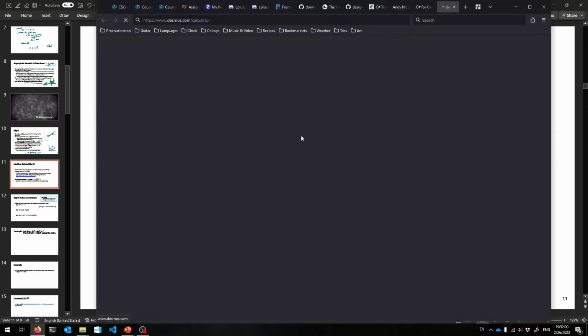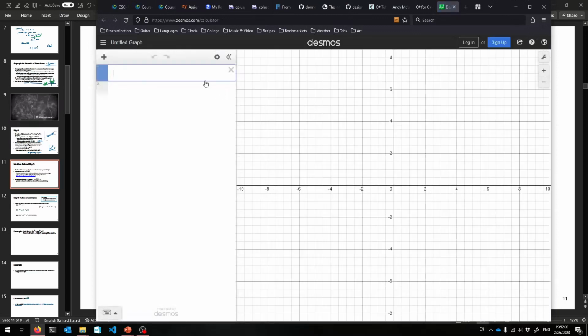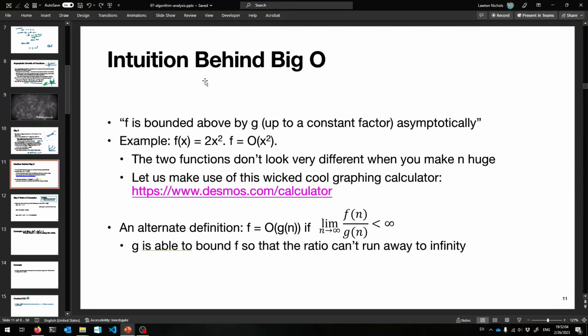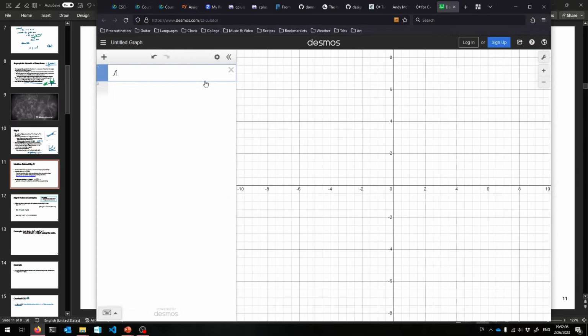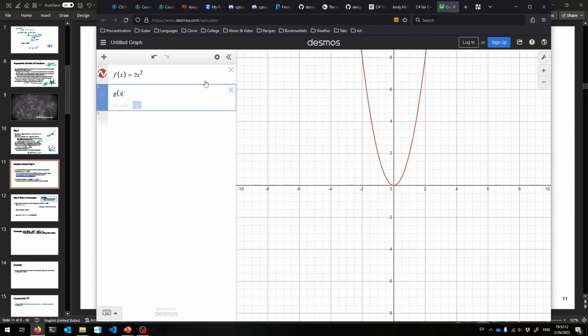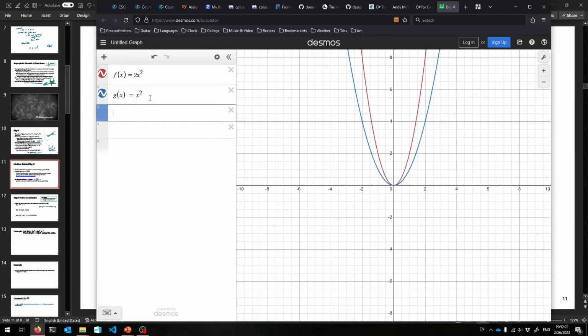So let's use the graphing calculator website. F of x is 2x squared. And then g of x equals x squared. I put the 2 in the wrong spot. So we say that f is big O of g, and g is just x squared.